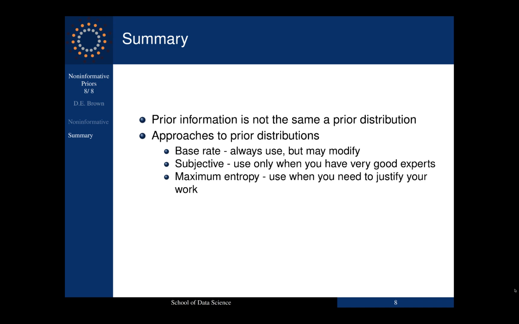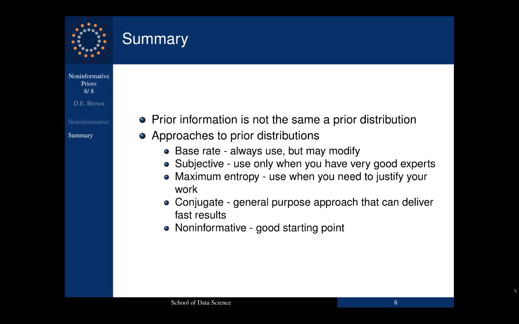The maximum entropy approach is, again, a very technical approach. Look it up and use it when you are working on a problem where you absolutely have to justify your choice of prior. The conjugates that we've spent some time on are a good general-purpose approach that can deliver very fast results and a closed-form solution. And finally, we've looked at non-informative priors. This is often a good starting point.